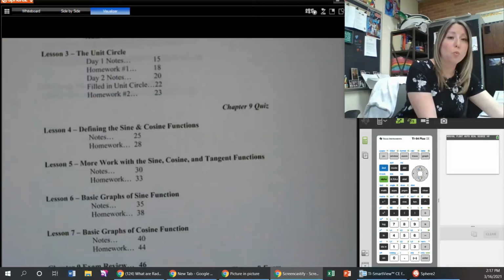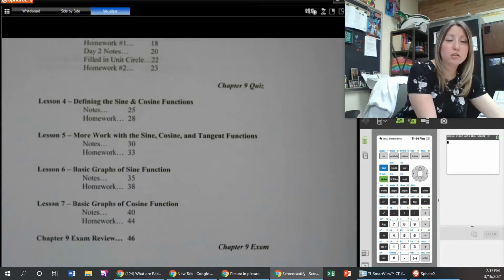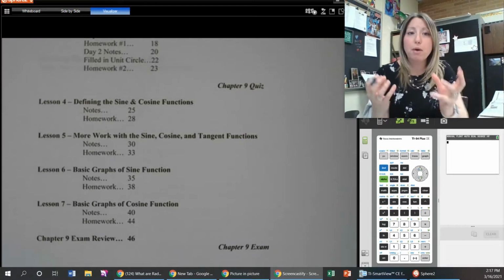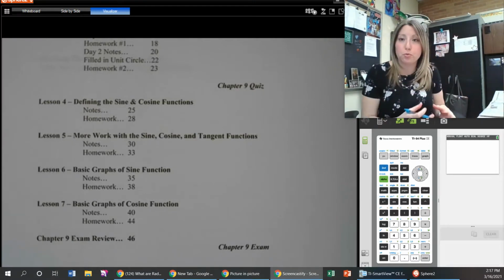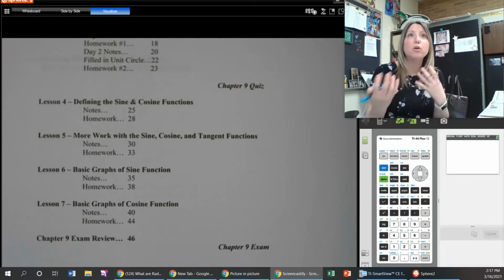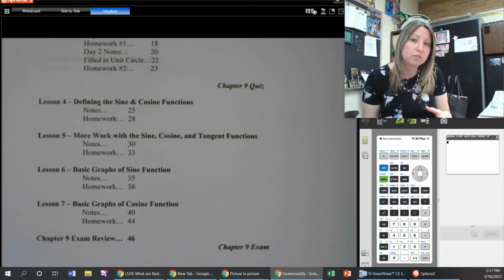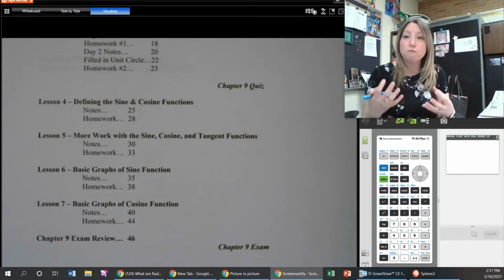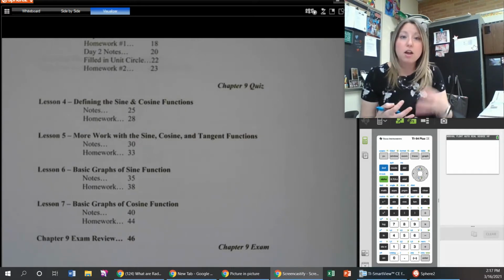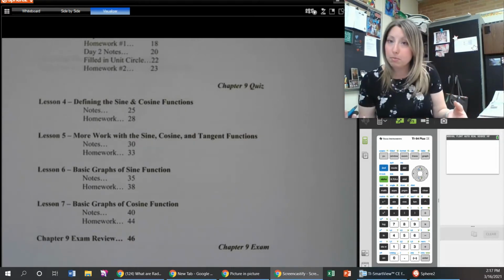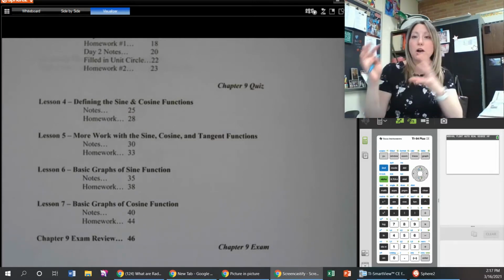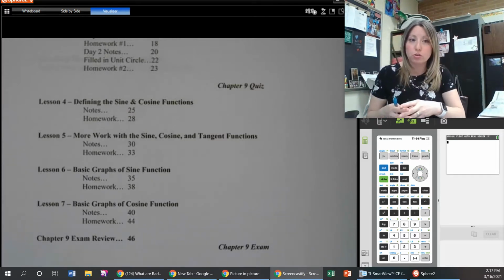After that, we're going to take our trig to the next level by applying it through the unit circle. We'll start to put some pieces together that will really make us understand the sine and cosine functions more deeply. And then we'll add tangent to the mix, and we'll understand how those all come together in the unit circle.